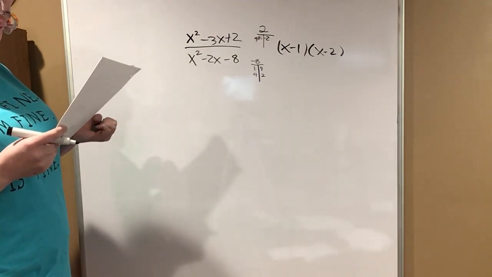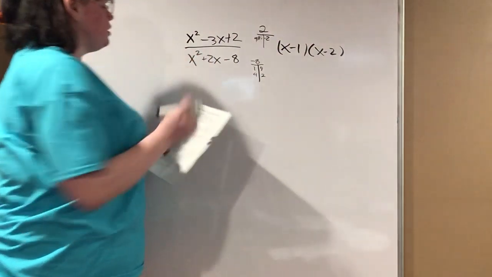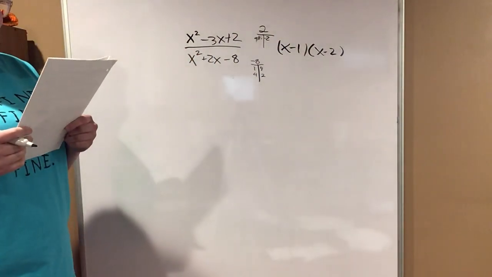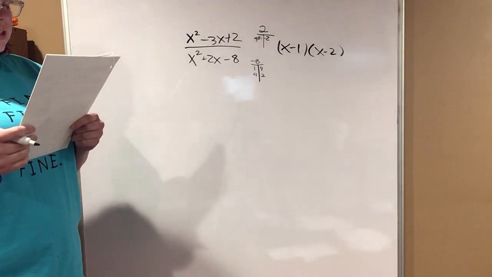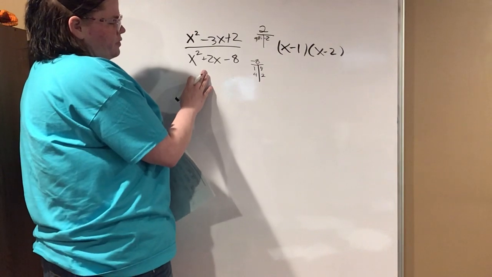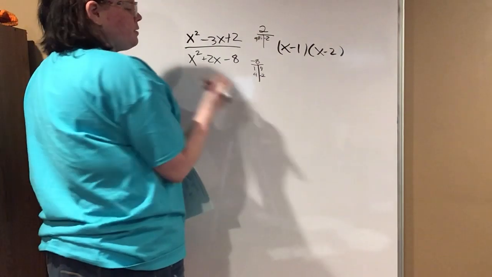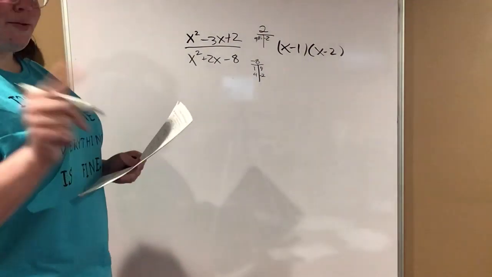I'm trying to see what I did here. Oh, no, it's not negative, it's a positive 2. I wrote it down wrong, guys. So I need a positive 2 in the middle but a negative 8 on the side. My 2 has to be negative.